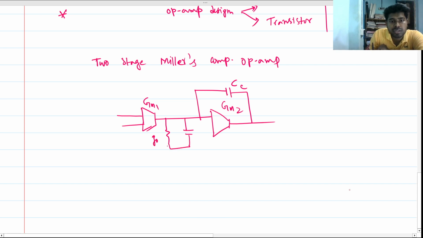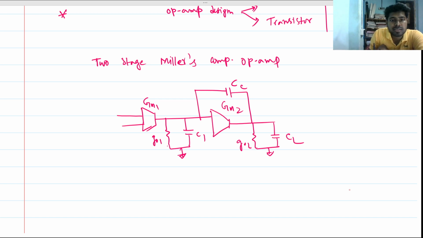This is the output conductance of this transconductor, and this is the C1, and this will be our load, CL and GOL.